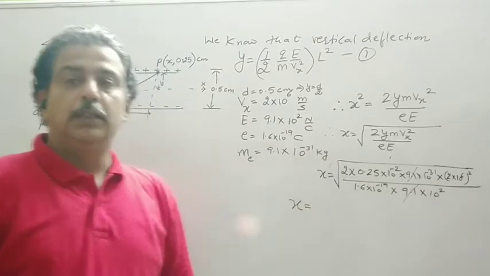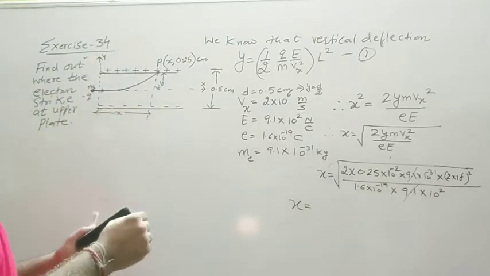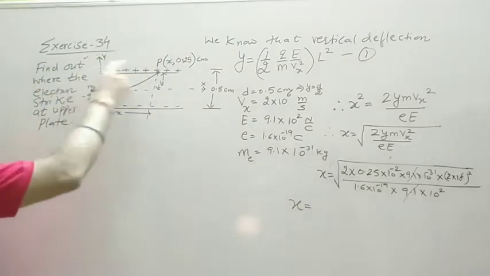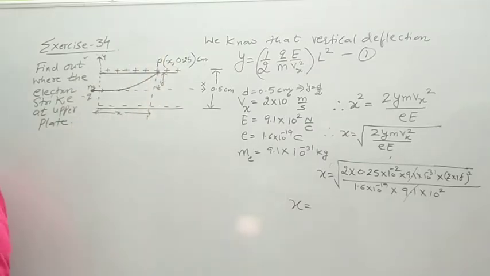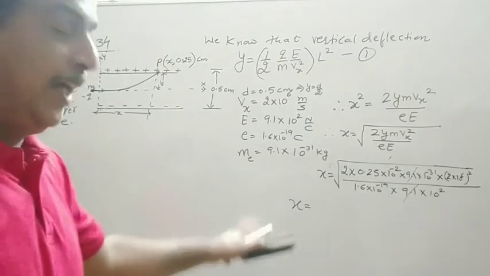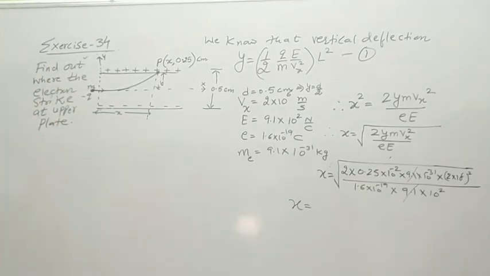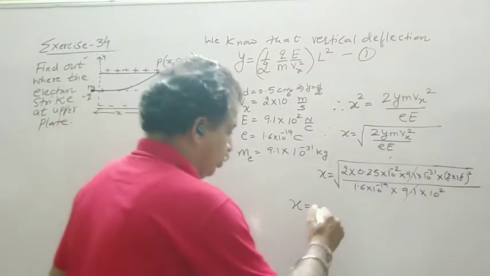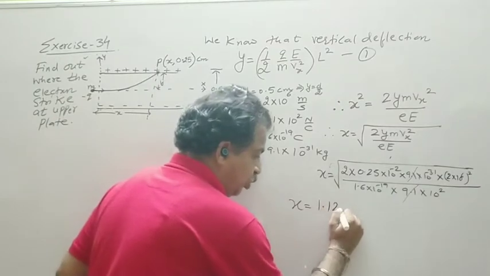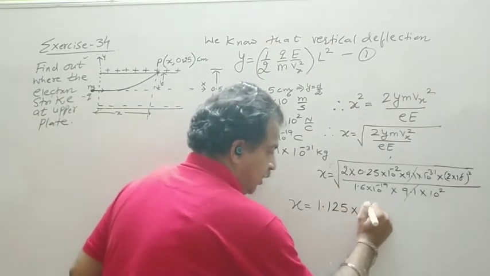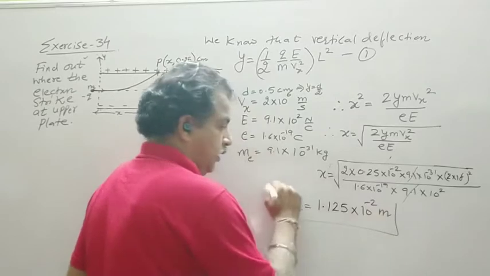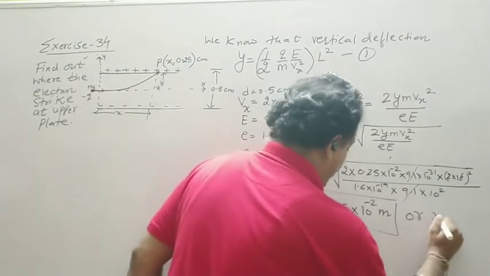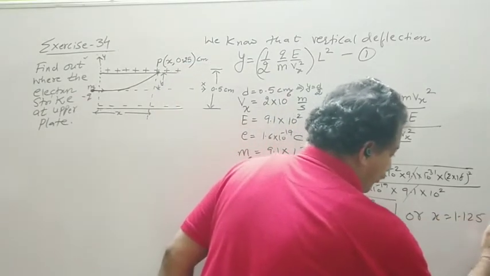and find out where the electron strikes the upper plate. Now after substituting this value, we find 1.125 into 10 raised to minus 2 meter, or x is equal to 1.125 centimeter.